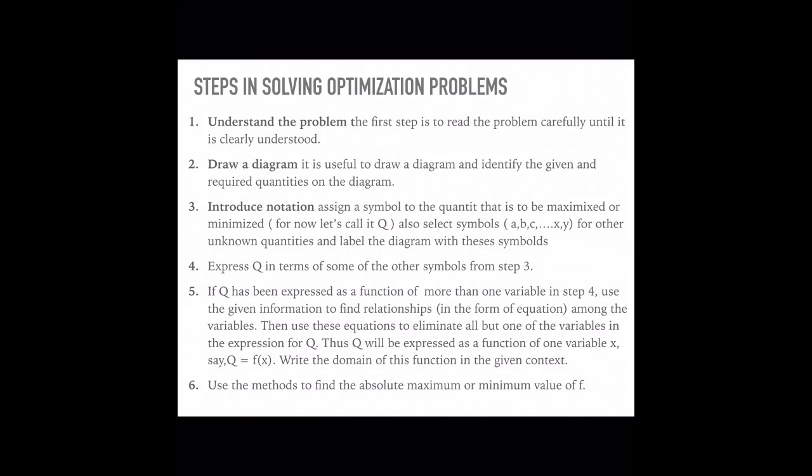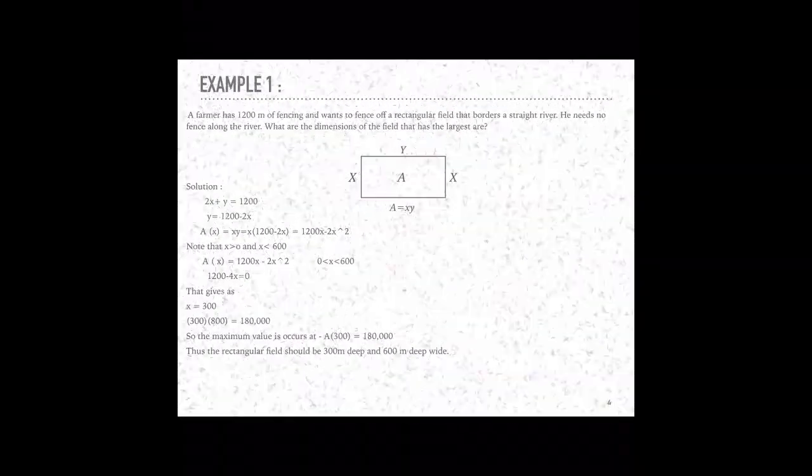Then use the equations to eliminate all but one of the variables in the expression for Q. Thus, Q will be expressed as a function of one variable x, say Q equals f(x). Write the domain of this function in the given context. Step 6, use the methods to find the absolute maximum or minimum value of f.